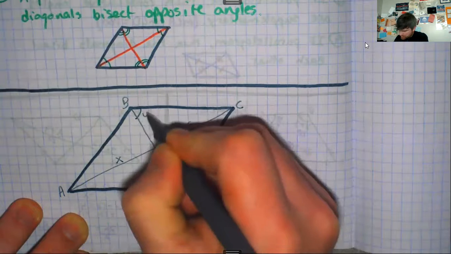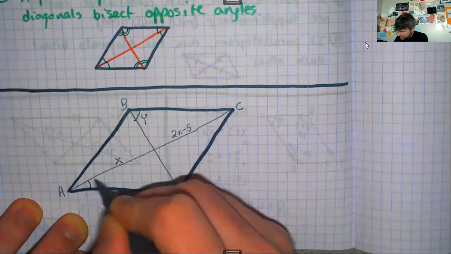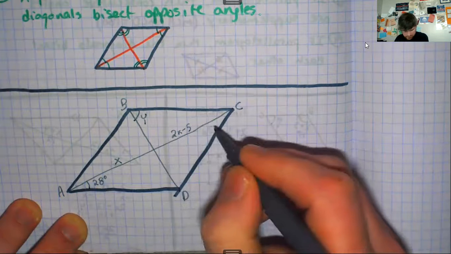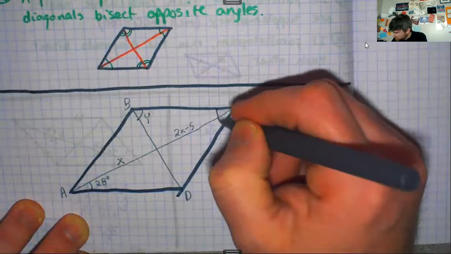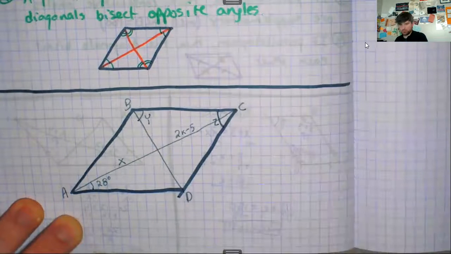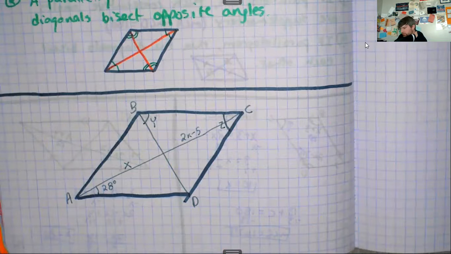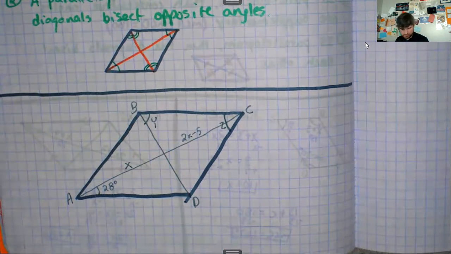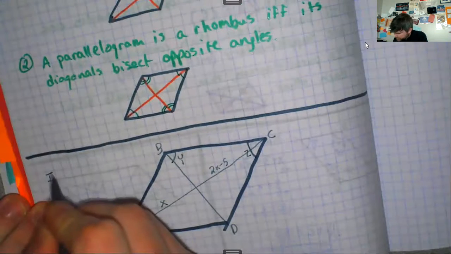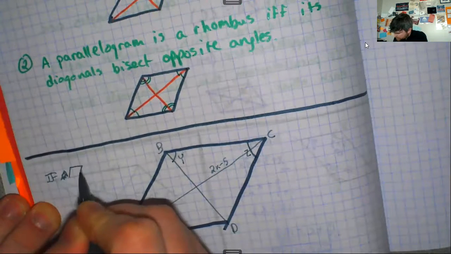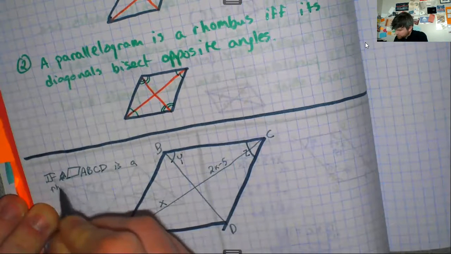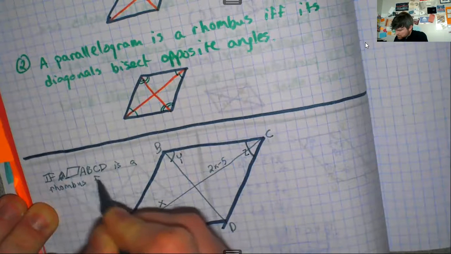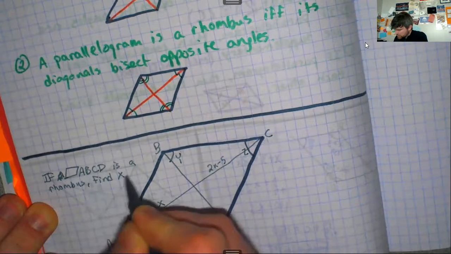This angle is Y. This angle here is 28. And it says that this whole angle right here is angle Z. Okay, so we're going to find X, Y, Z. It says if parallelogram ABCD is a rhombus, find X, Y, Z.